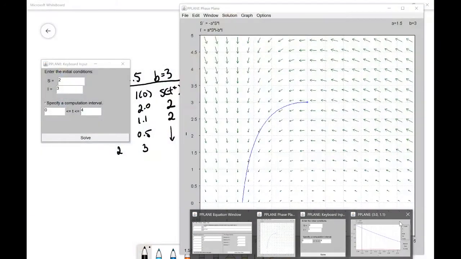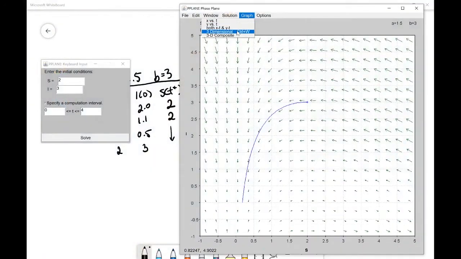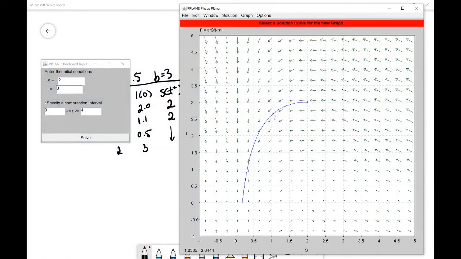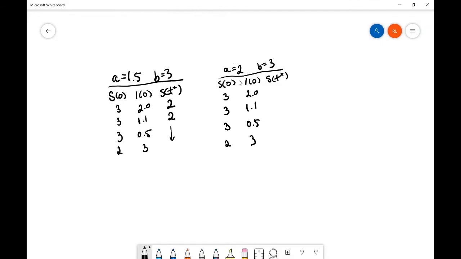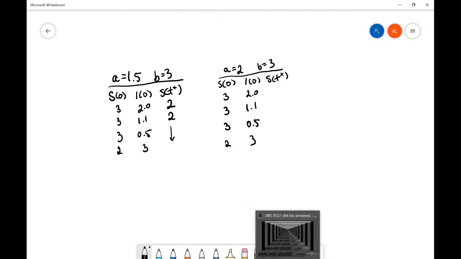And again, if we take a look at these graphs, the number of infected maximum is just at time equals 0. The initial condition was S equals 2, and we find that, again, when the number of infected is maximum, S equals 2. Okay, this is interesting. Let's try again with different values of A and B.